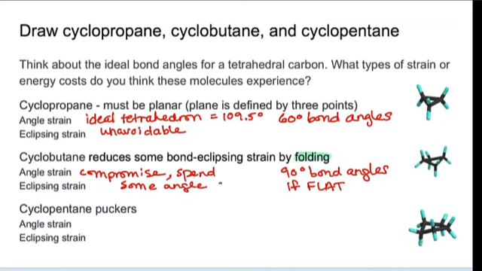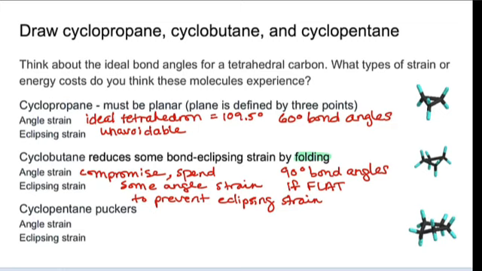So we spend some angle strain to prevent eclipsing strain, which is going to be very, very costly if we don't fold the molecule up a little bit.